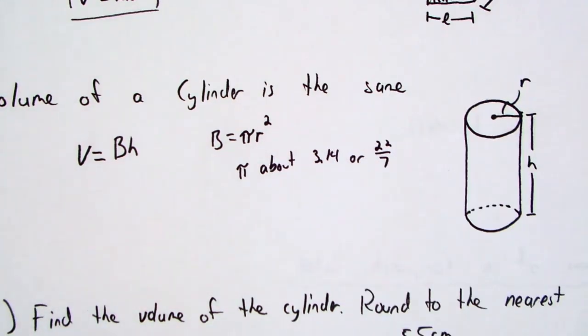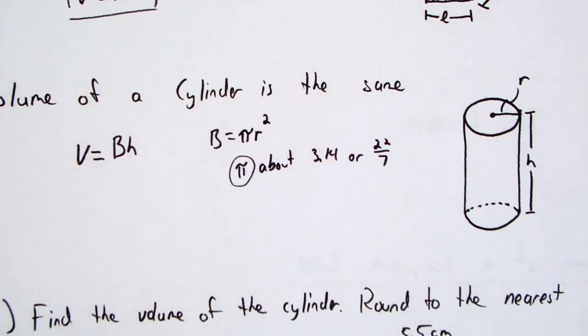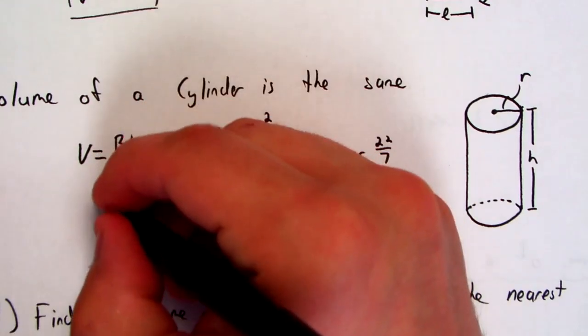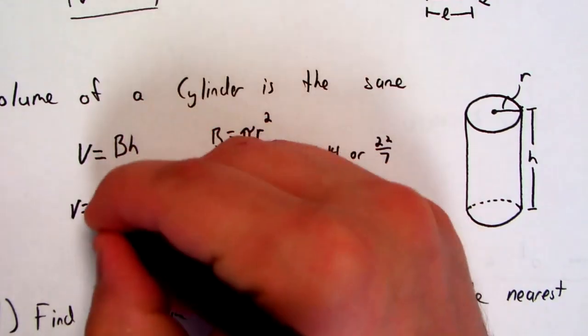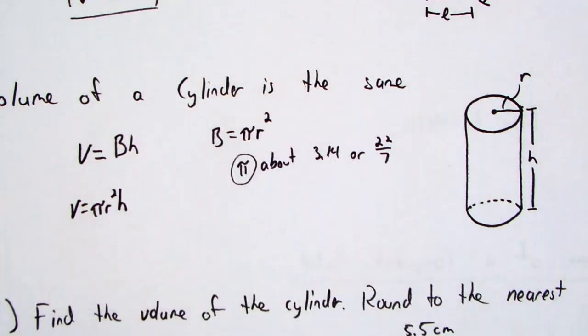This year, we're really going to focus on using the actual pi. So when we start looking at this, the volume of our cylinder is going to be pi r squared h.